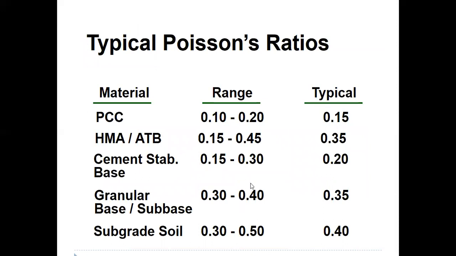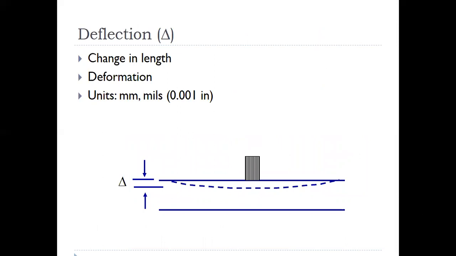Now, another thing that you are going to learn or see in your literature related to stresses in flexible pavement is the deflection. Deflection is just a change in length as compared to strain. Strain is the ratio of two lengths, change in length to the original length, but deflection is only the change in length.